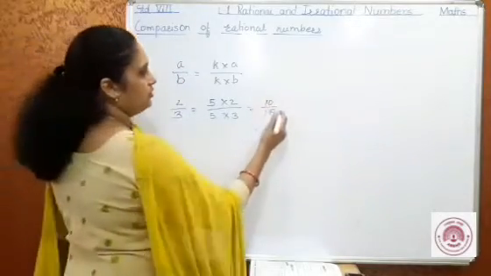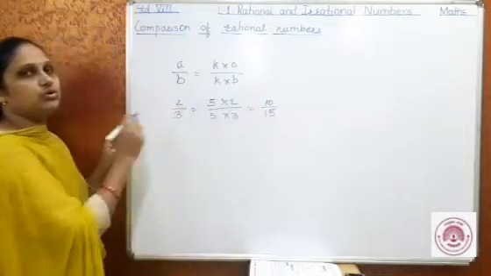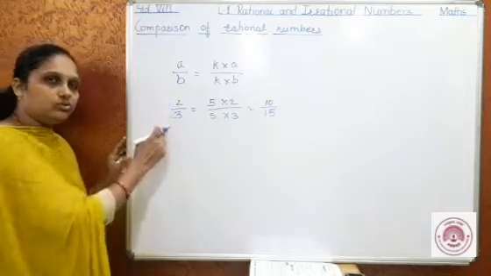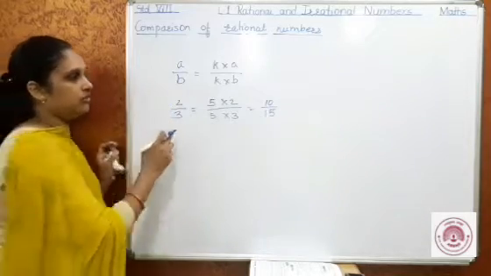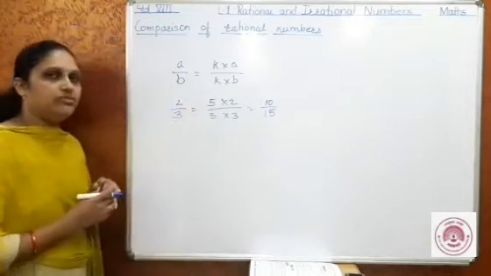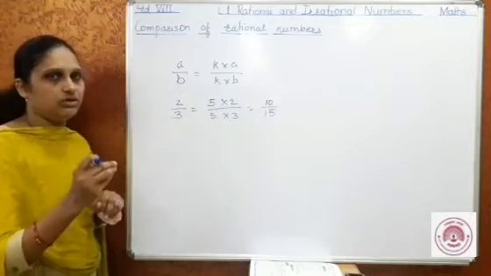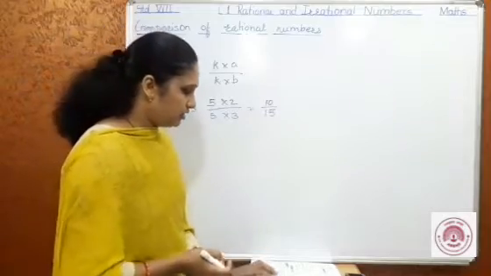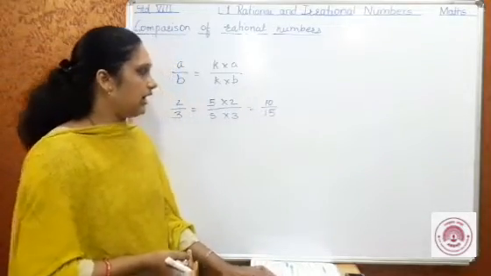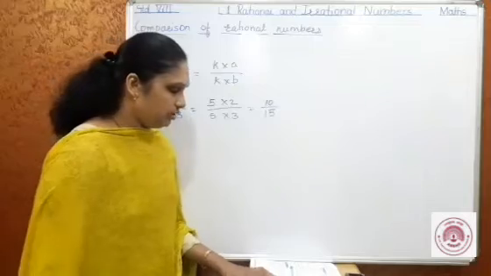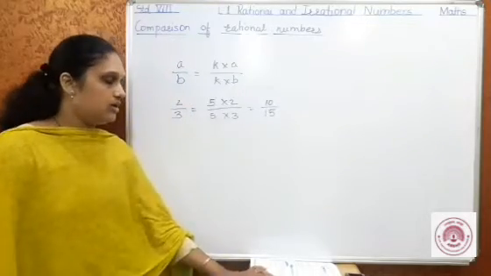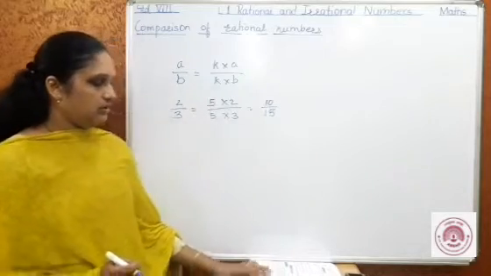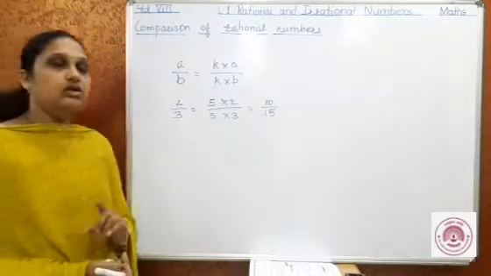If I again do the reduction, I'll again get 2 upon 3. That is, dividing by 5, it will again be 2 by 3. So if I multiply a rational number's numerator and denominator by any non-zero number, then the value of the rational number does not change.